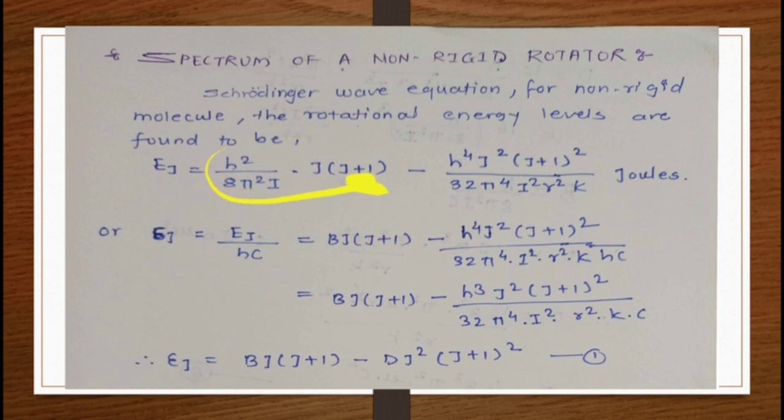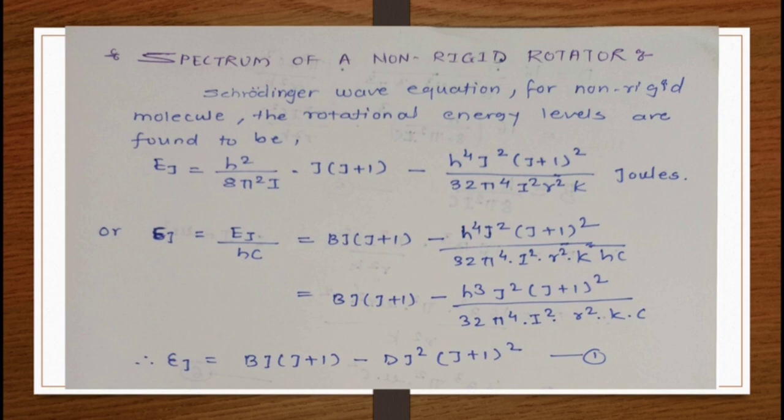That term is reduced to BJ(J plus 1) minus h raised to 4 J square (J plus 1) whole square divided by 32 pi raised to 4 I square r square k. This is as it is, and we have to divide this term by hc.